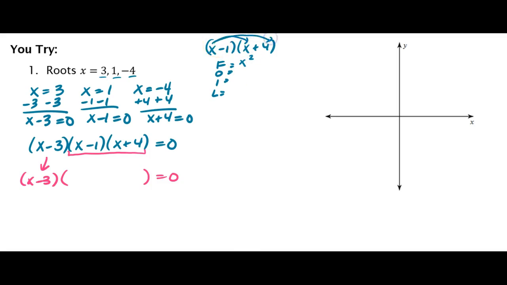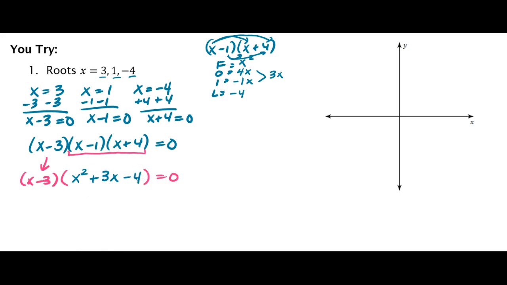The outer terms is x times 4, which is 4x. The inner terms would be negative 1x, and then the last terms would be negative 1 times 4, which is negative 4. Now these two terms can get combined. If you do 4x and negative 1x, that's a total of 3x. So what goes in these pink parentheses here is x squared plus 3x, because it's positive, and then minus 4.